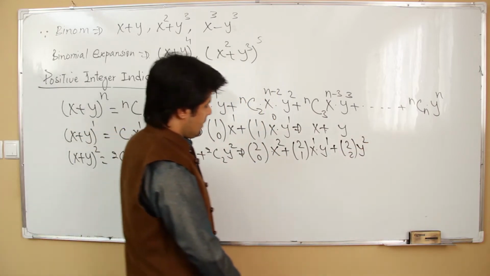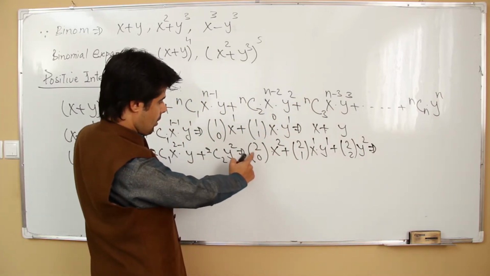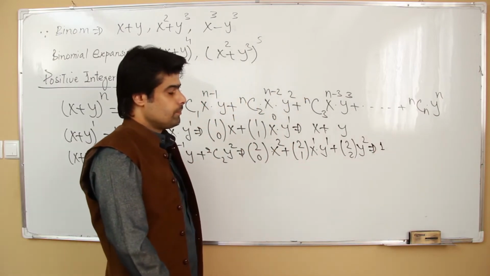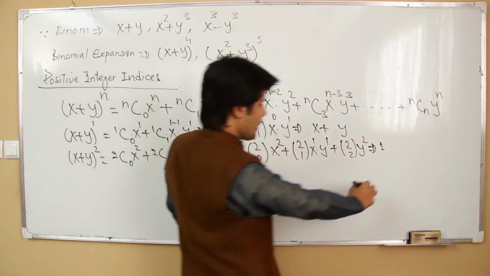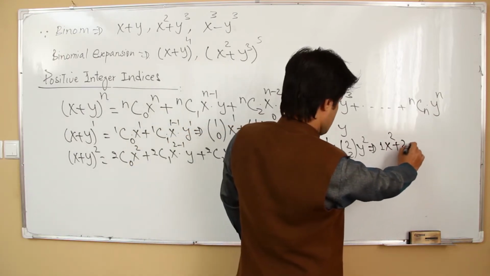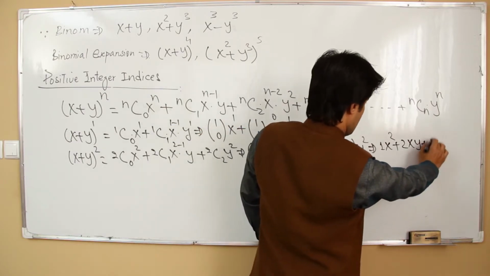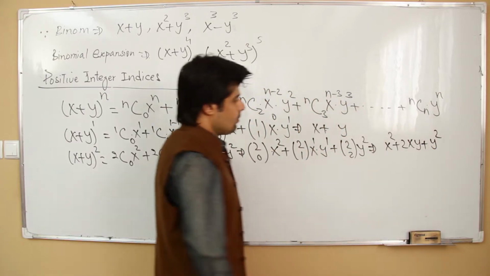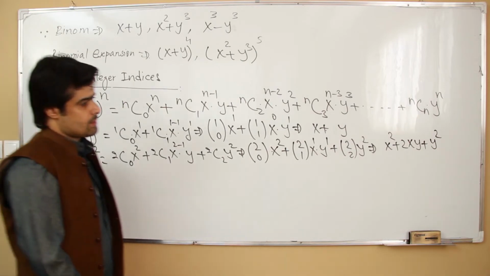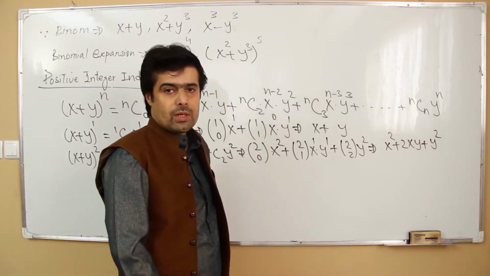Now you can simplify this. 2C0 is 1, so x square, plus 2C1, it's 2, xy, plus 2C2, it's 1, y square. Now, how can you expand (x + y) raised to the power 2? It's x square plus 2xy plus y square.